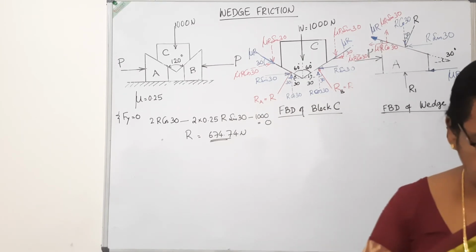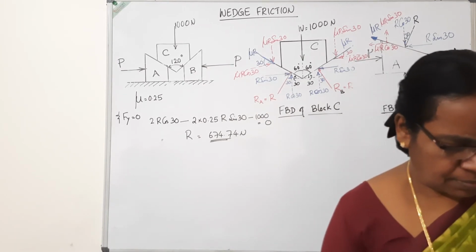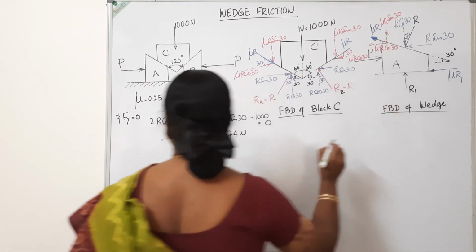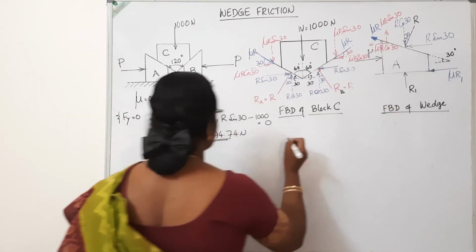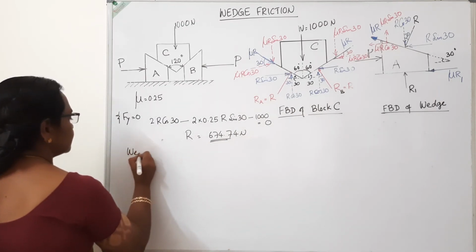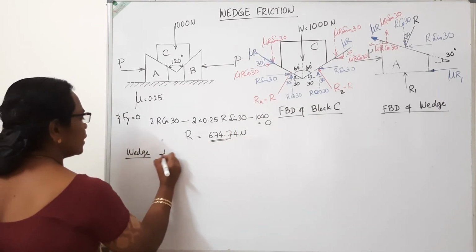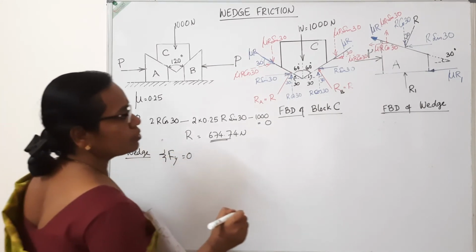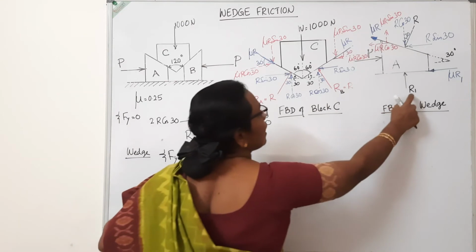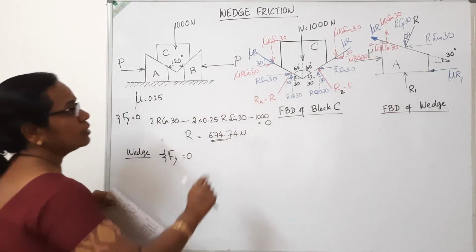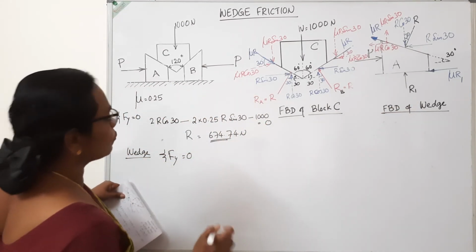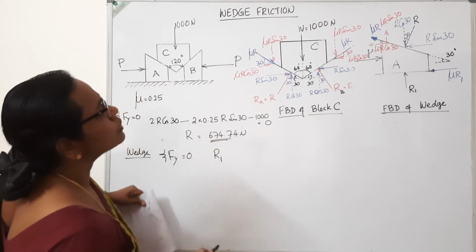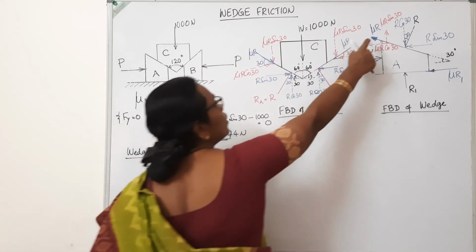Now write down sigma Fy is equal to 0. Let us first write here for the wedge. Sigma Fy equal to 0 we are writing first because we have to get R1. Once we get R1, we can get P. So the upward force is R1. Any other force acting upward? Yes, mu R sin 30.